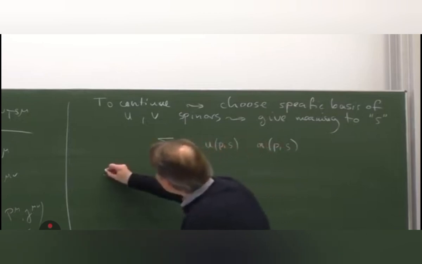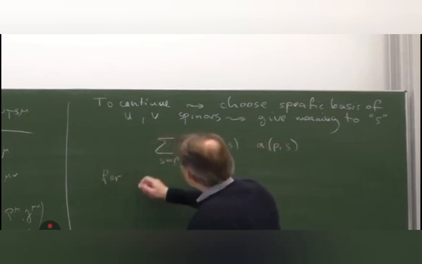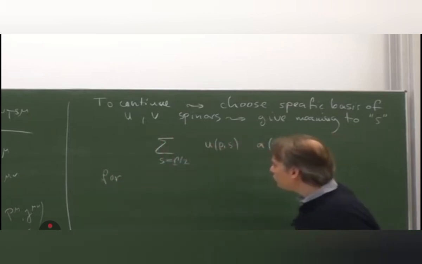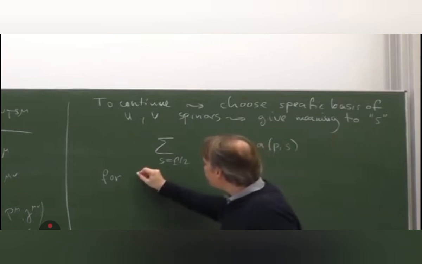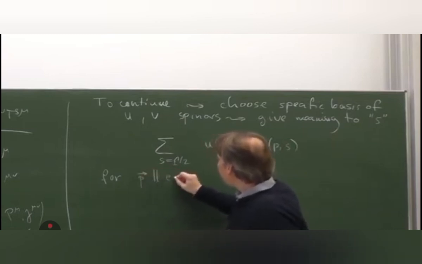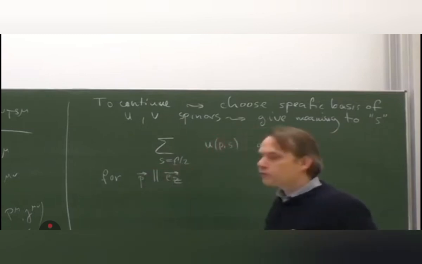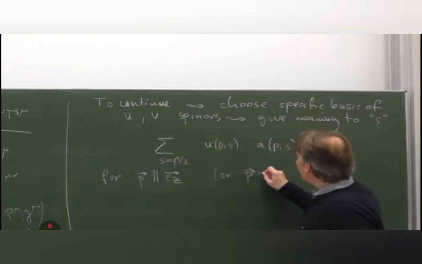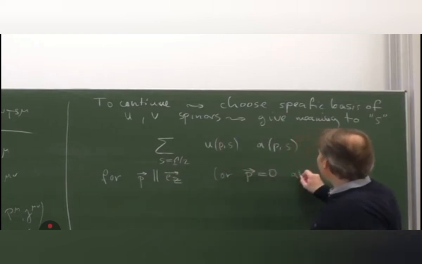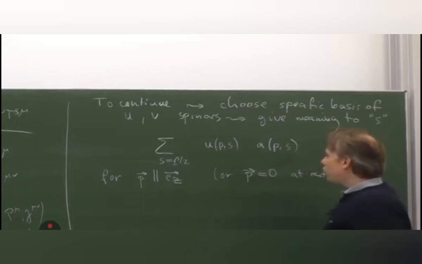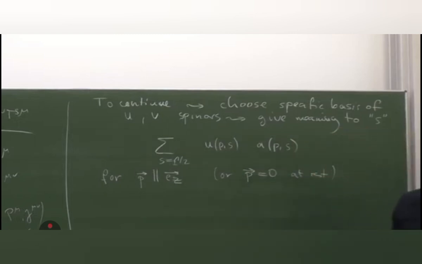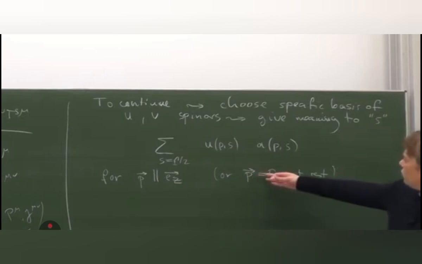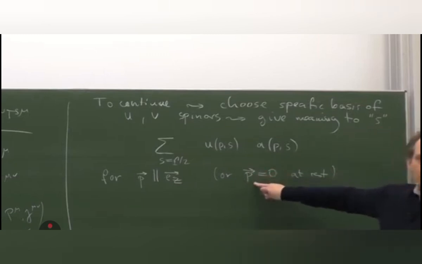And for this, let us go to some example. Let us choose the momentum parallel to the z-axis, or momentum equals 0 in the rest frame. If we have a massive particle, we didn't actually specify whether the mass is 0 or non-zero, but if the mass is non-zero, we can go to the rest frame.